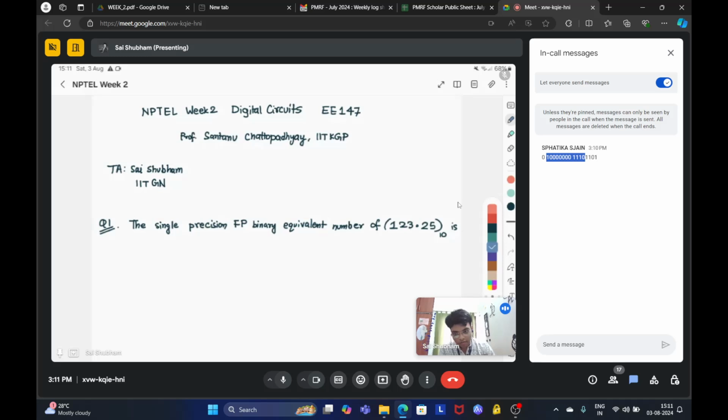So I would like to clarify that by FPS single precision, the total number of bits will be 32. When it is double precision, the total number of bits will be 64. And when it is revised 14-bit representation, then it will be of 14 bits.